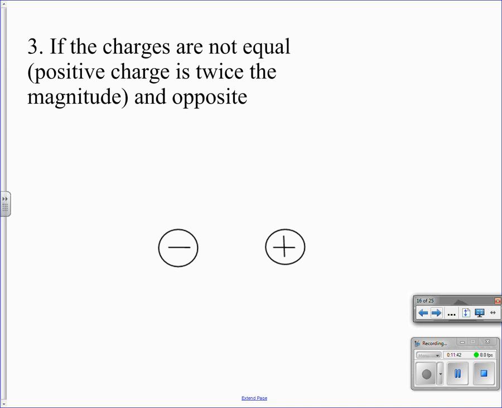What if the charges are not equal? In this case, I have opposite charges. I would want to demonstrate that with my number of field lines. So I'm going to start out by drawing field lines that look like my first picture. Again, all those field lines are curved, except for the one in the middle.